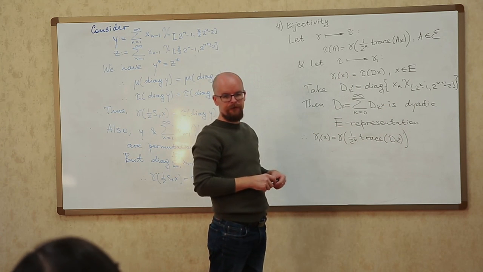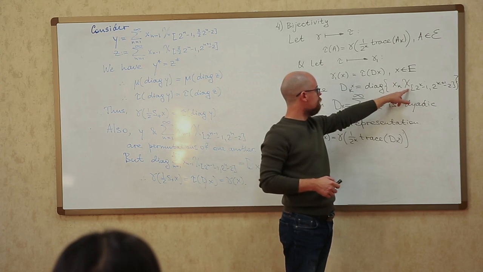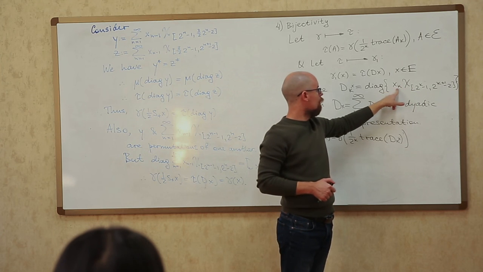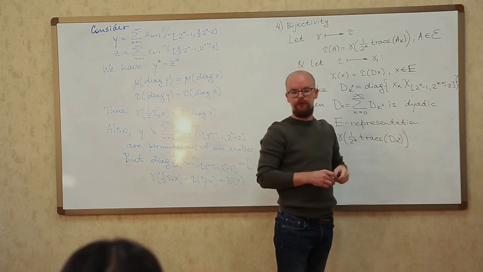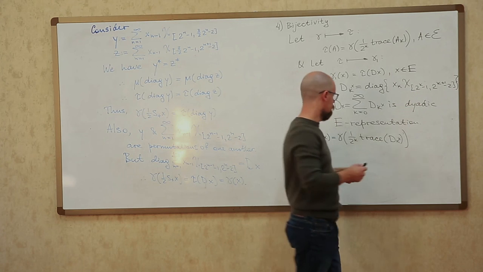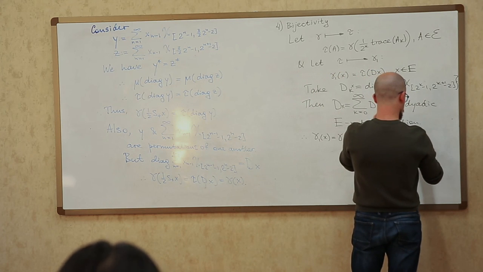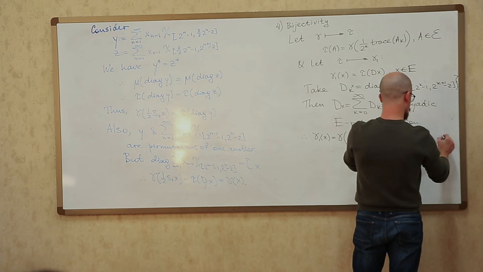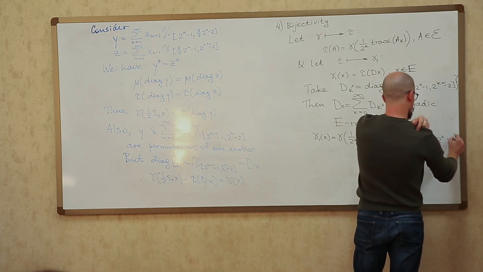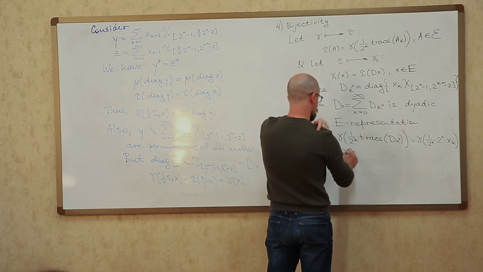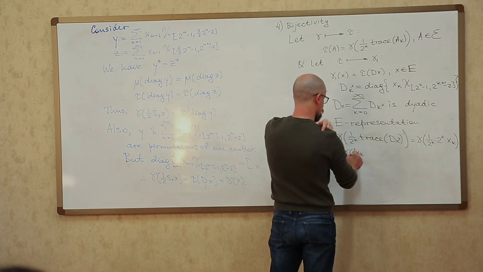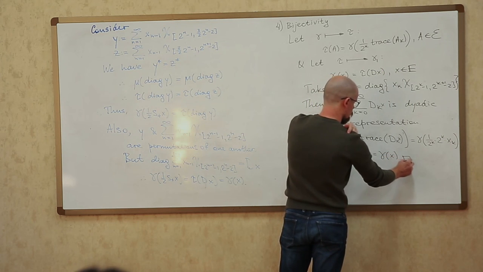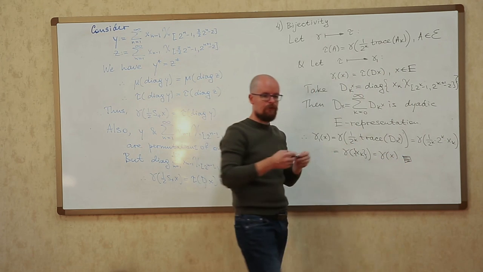By computing, the trace of these operators is just the sum of what we have over here. So it's x_k repeated 2 to the power of k times. So we get gamma of 2 to the power of k x_k, which is gamma of x. And so we have proved that the correspondence is quite bijective.